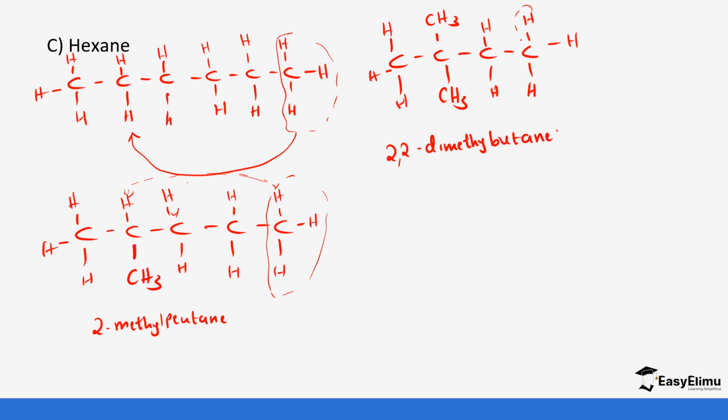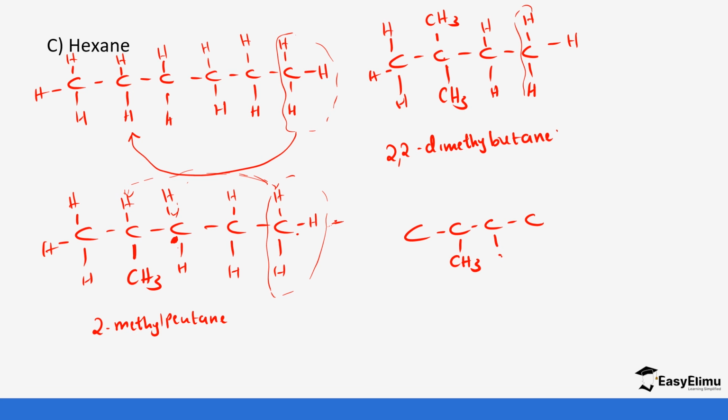And finally we can move this, let's see if we can get another one. You can't move again. But if you go back to this, we can also move this to another position. So remember this CH3, we said we can put it in this carbon or we can put it in this third carbon here. So if we move it in this third carbon, it's going to look like this. This is the initial CH3.